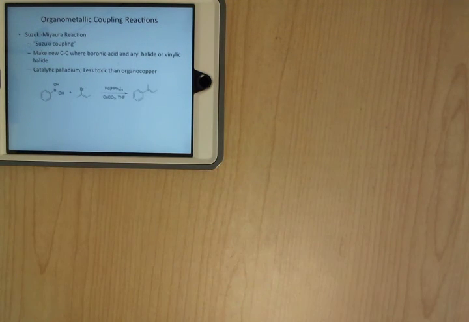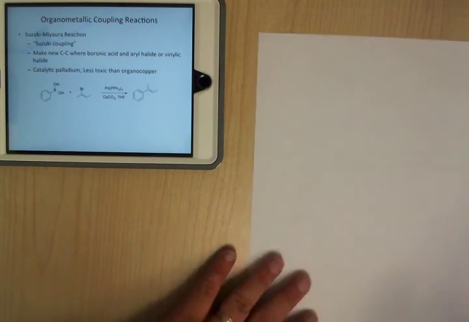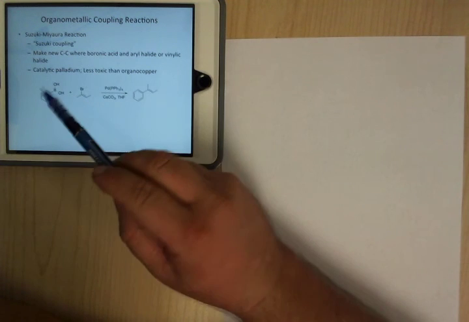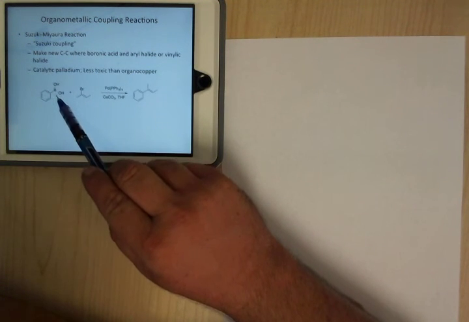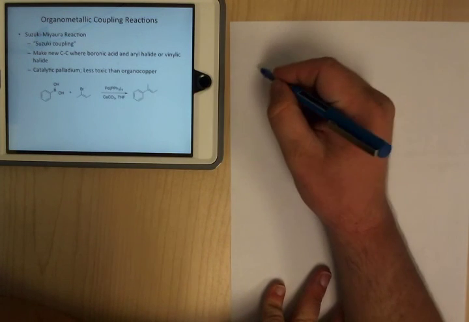Okay, another way you can do it is what's technically called the Suzuki-Miyaura reaction, but everybody knows that it's Suzuki coupling. What this does is these are very distinct, because you have this crazy boronic acid functional group, which is about the only time you ever see this.